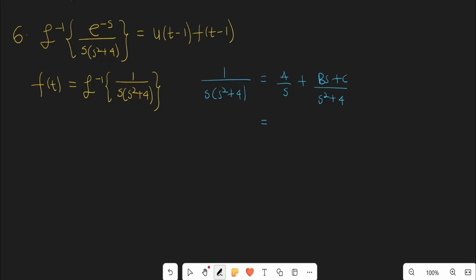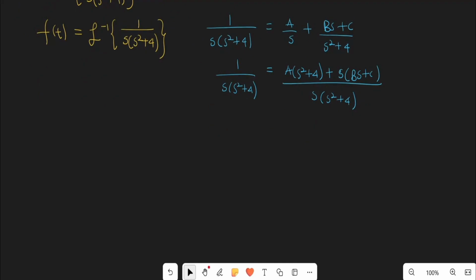So now let's do cross multiplication. This is a times s squared plus 4, and this is going to be multiplied by s times bs plus c. All this one is divided by s into s squared plus 4, the LCM, and 1 all over s into s squared plus 4. Cool.